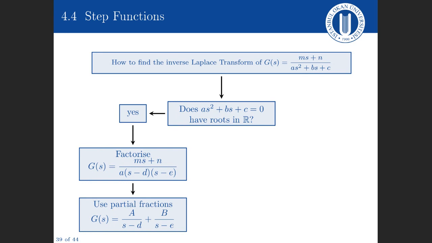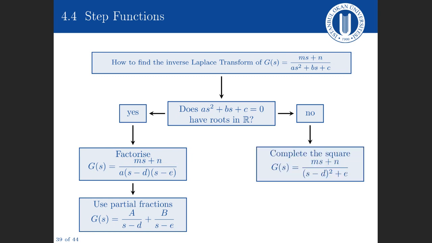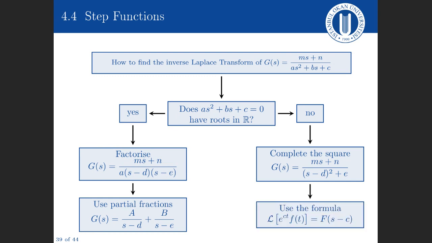And then take the inverse Laplace transform of each part. What if the answer is no? If the answer is no, if we don't have real roots, then we need to use this new method. We need to complete the square. And then we're using this second shifting formula. The Laplace transform of e to the power ct f of t is capital F at s minus c.